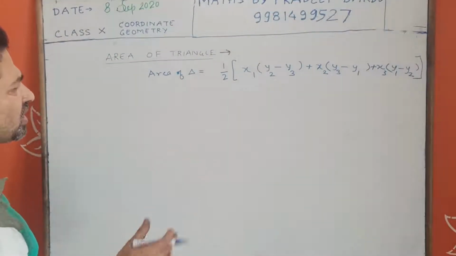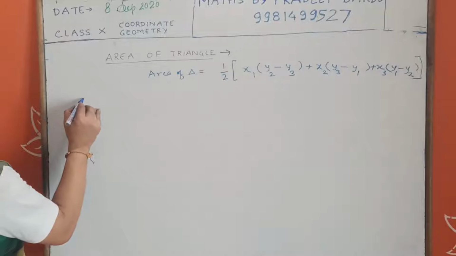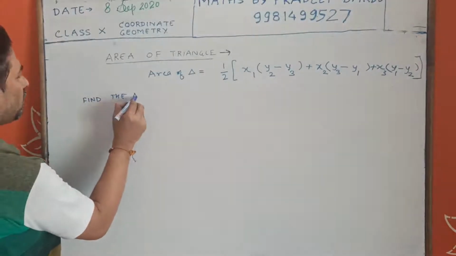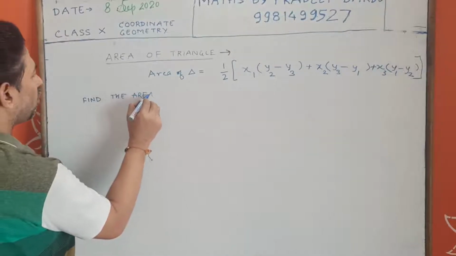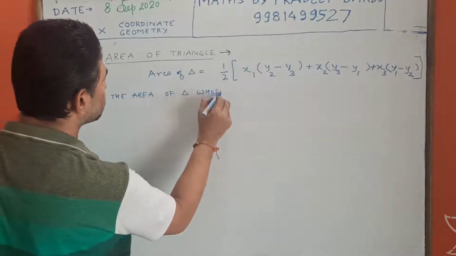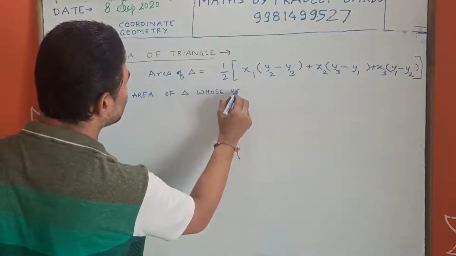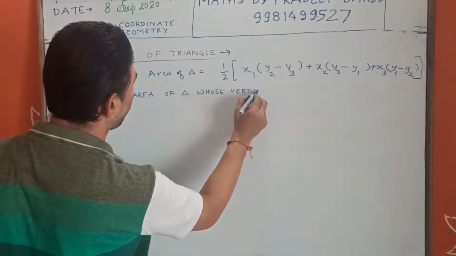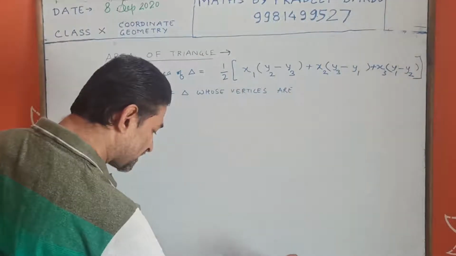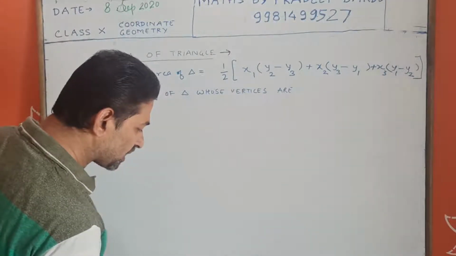Sign का बहुत ध्यान रखना है बच्चों। Here the question is: find the area of triangle whose vertices are 2 3.